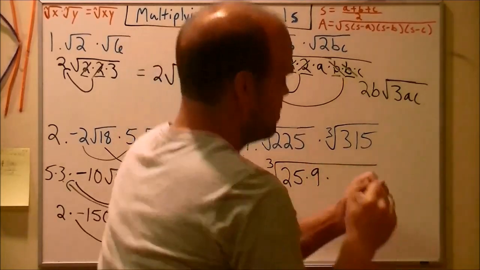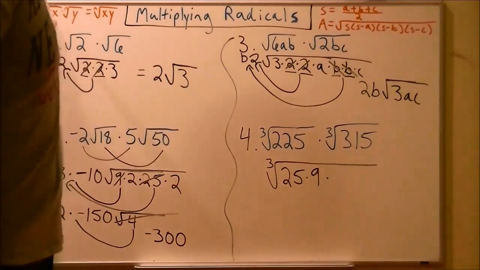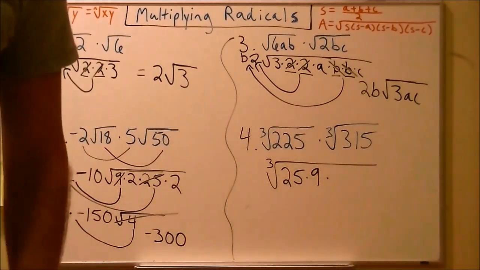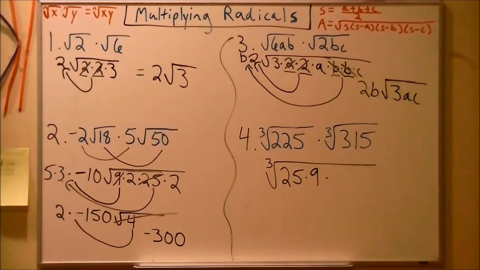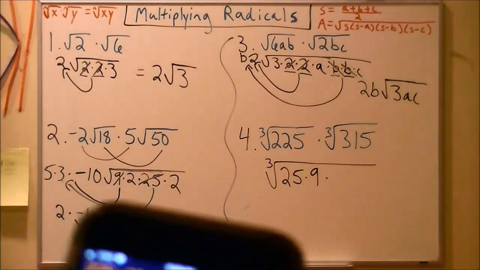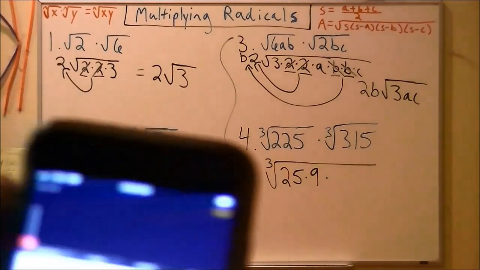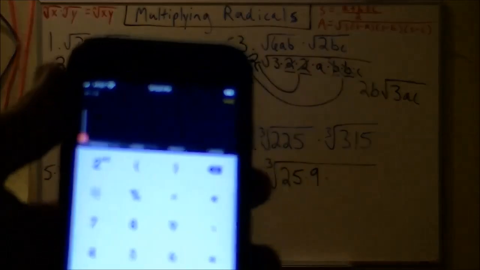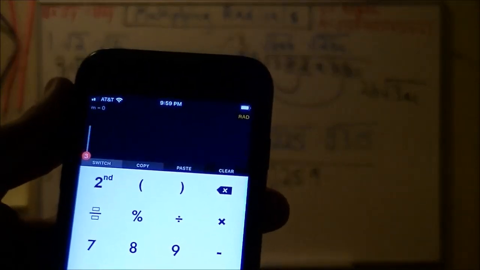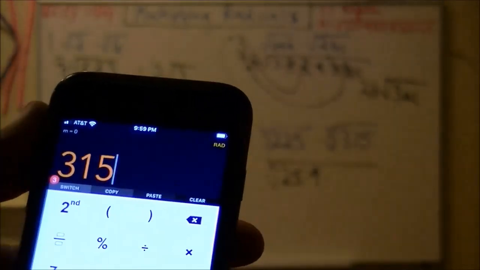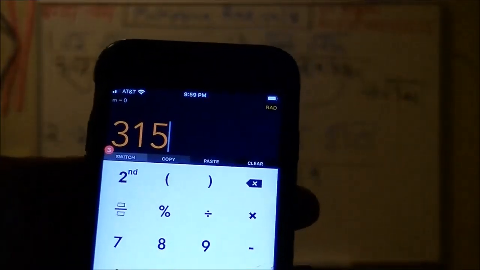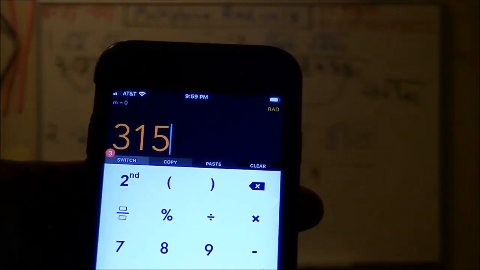Now I'm going to do 315. Remember, if they're separate, my rule is I can put them under one single root, in this case a cube root, and so that's what I'm going to do. All right, let me get it here where we can all see. So now we have 315. I see a 15 at the end of the number.